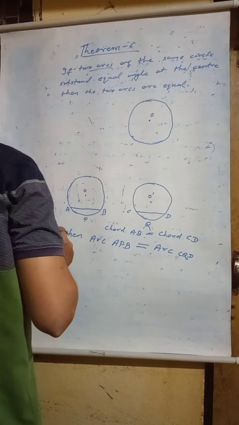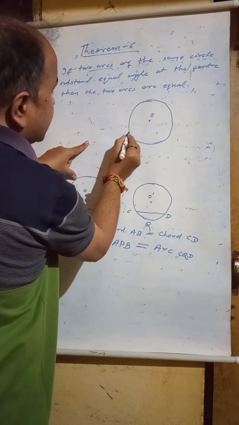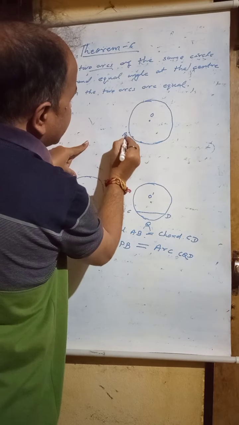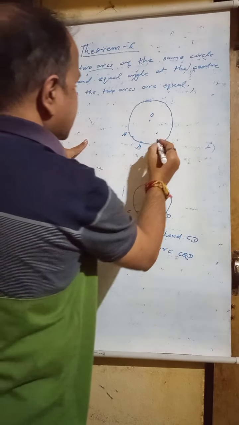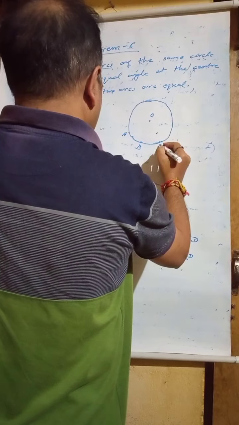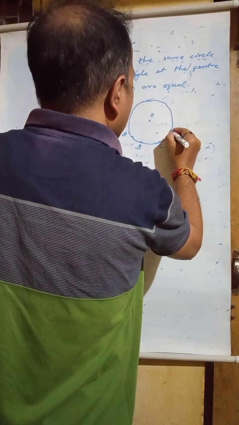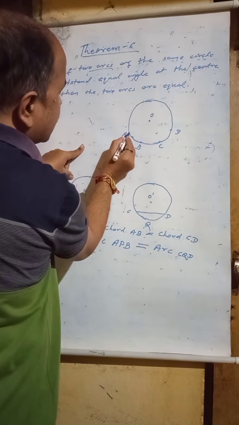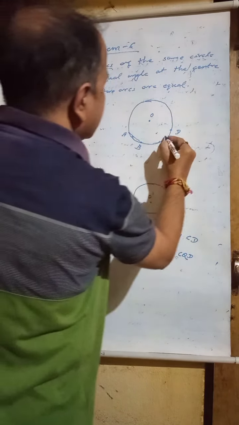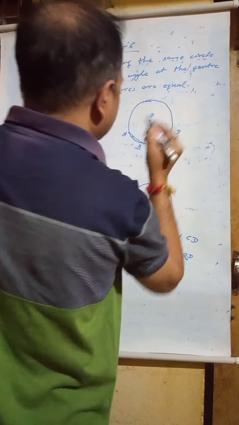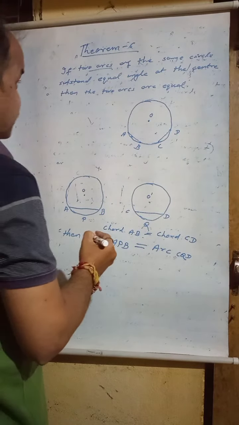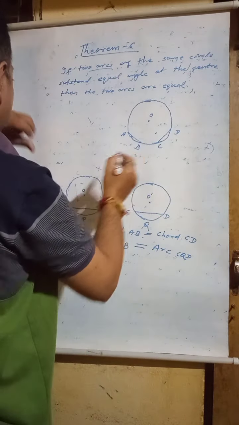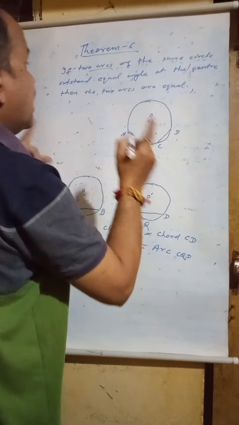Let the arcs be AB, with points A and B, and another arc CD. Arc AB and arc CD are two arcs of the same circle.